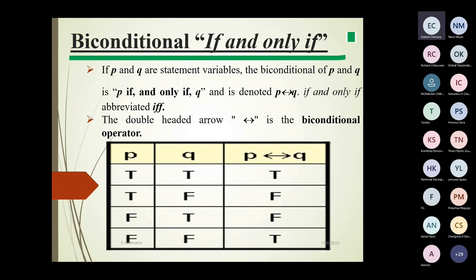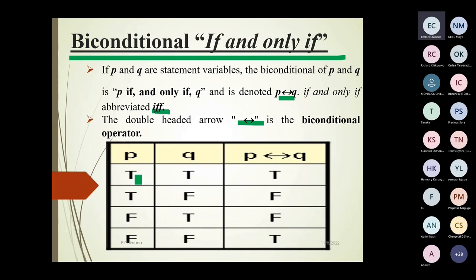So if P and Q are statement variables, the biconditional of P and Q is P if and only if Q, and is denoted by P with this double arrow, then Q. If and only if is abbreviated as IFF, which is if and only if. So the double-headed arrow is the biconditional operator. And then this is the truth table.